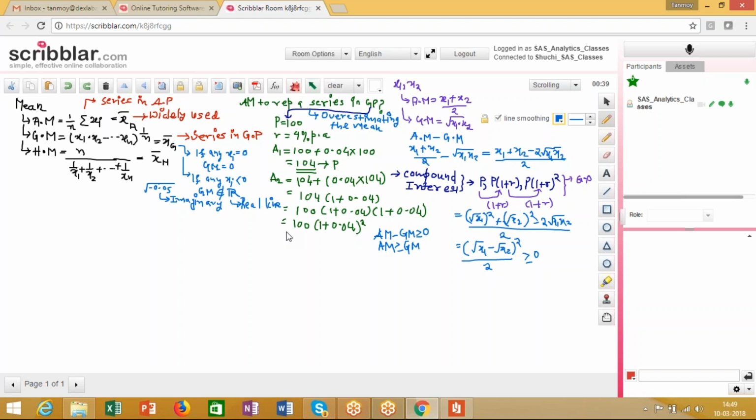The next part that we need to talk about is harmonic mean. Harmonic mean is something which is used to average variables like speed.